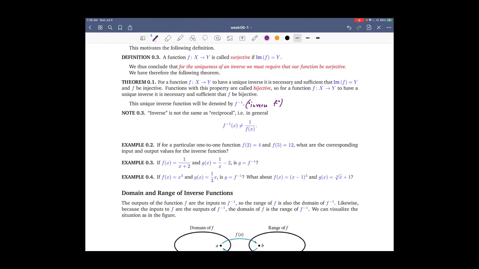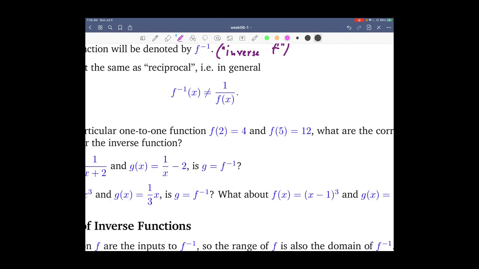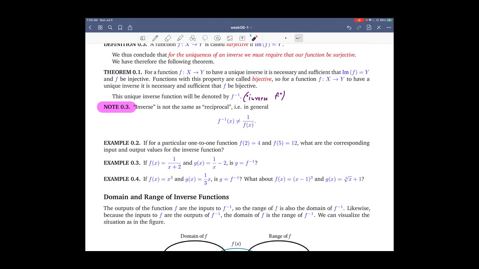I should warn you immediately that inverse is not the same as reciprocal. F to the negative 1 is not literally f raised to the power negative 1. So it's not the same as 1 divided by f. Although occasionally this might be the case. It's interesting to think about what functions, if any, have this property.